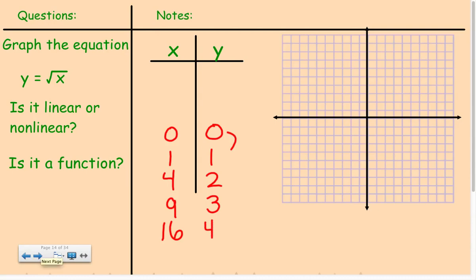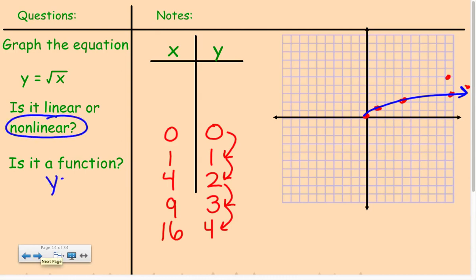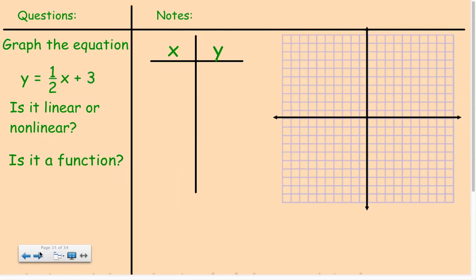So you'll notice this pattern here, 1, 2, 3, 4. 0, 0, 1, 1, 4, 2, 9, 3 would be over here somewhere, or down here a little bit, 16, 4. So this one is a slow curve that looks like that. Linear? Nope. Function? Yes.